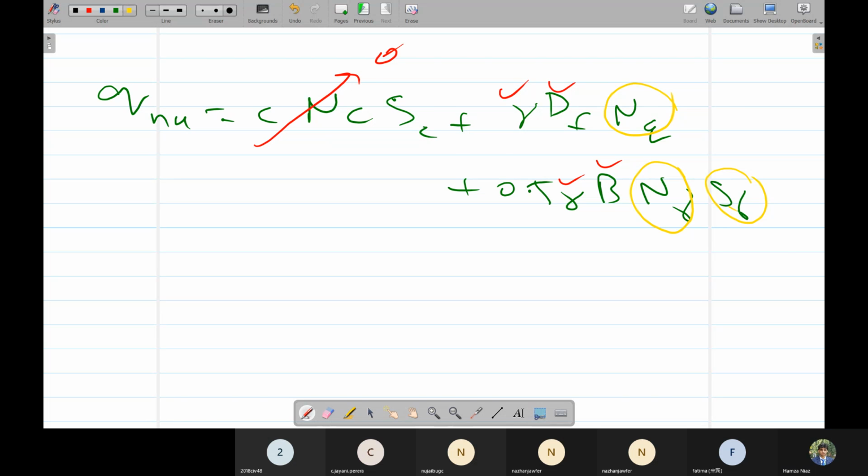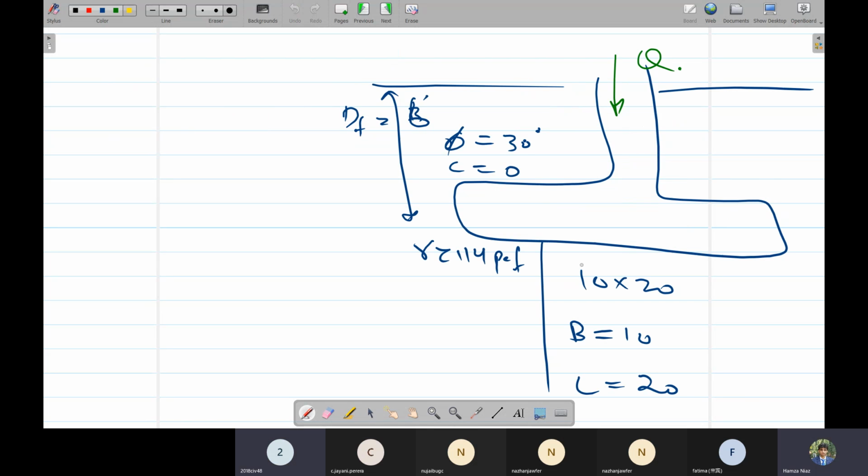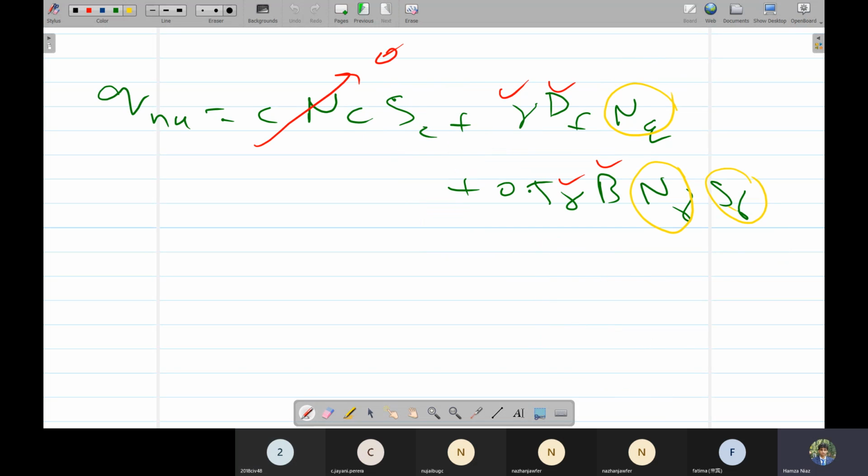Is it not NQ minus 1? Yes, sorry. This is NQ minus 1. For ultimate it is NQ, but we are going to use net ultimate always, so minus 1. Thank you. So these are the 3 variables.